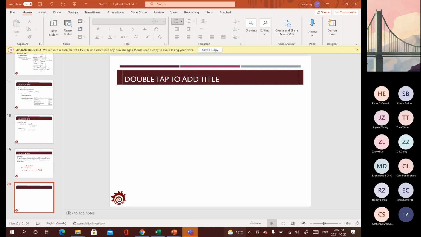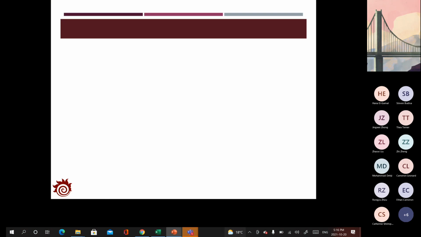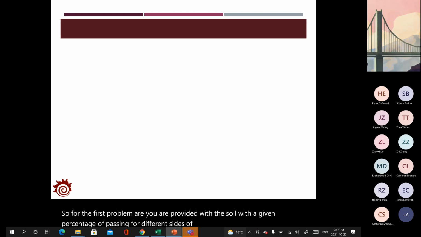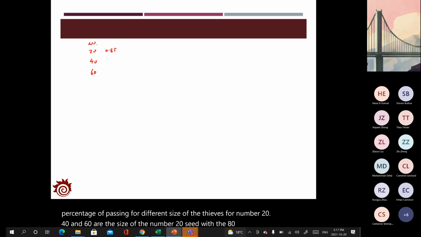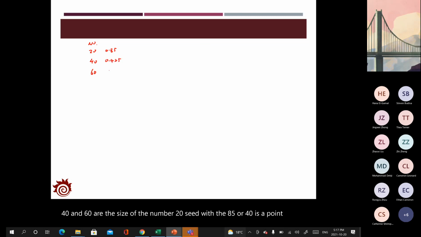So for the first problem, you are provided with a soil with a given percentage passing for different sizes of sieves: number 20, number 40, and number 60. The size of the number 20 sieve is 0.85, number 40 is 0.425, and number 60 is 0.25.